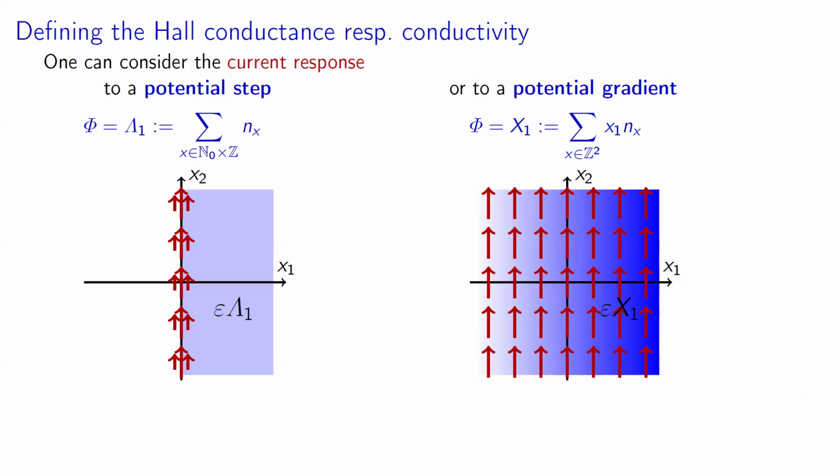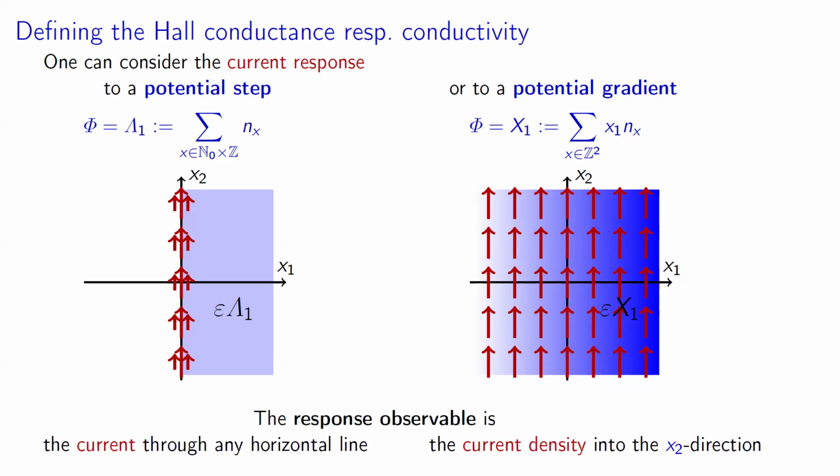Either they apply potential steps, so that means our perturbation is the characteristic function on a certain step. So we just apply one potential step along one line in the sample. That's a potential step of size epsilon. This will give rise, as we will see, to currents flowing along this potential step. Or we do what I suggested before, we apply a potential gradient, so a linear potential, which will induce a current density everywhere in the sample.